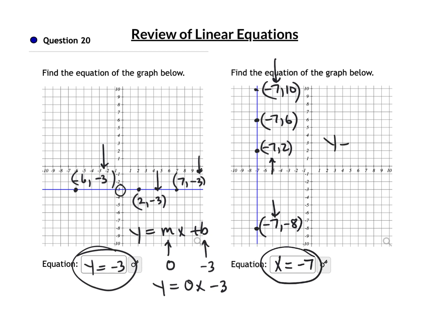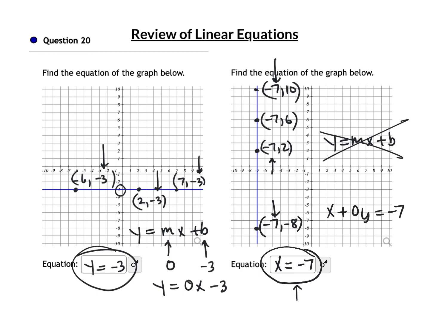There is no y equals mx plus b equation here because it has undefined slope. A vertical line has undefined slope. This does not work, which is why it's just an x equals equation. It's really x plus 0y equals -7.